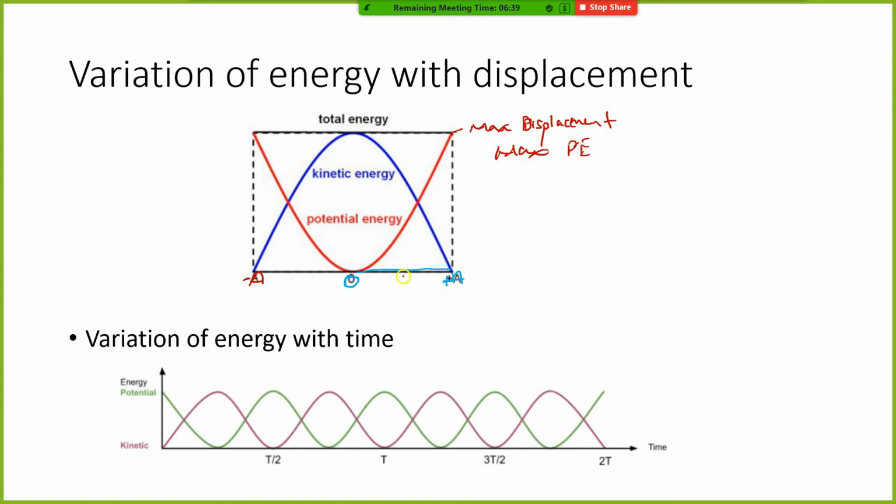If you look at the graph right here, my maximum is at this point. This is my maximum amplitude or maximum displacement. And as you can see, the red line shows that my potential energy is at the top, at its maximum. As you let go of the object, imagine it oscillating back and forth.